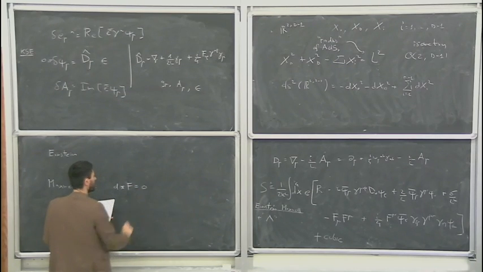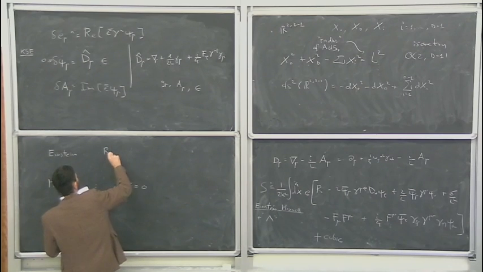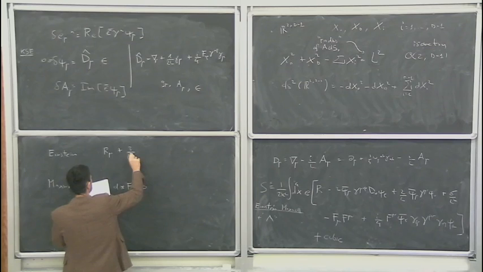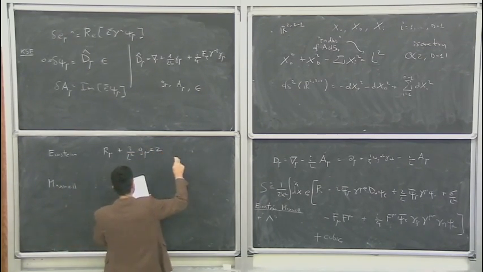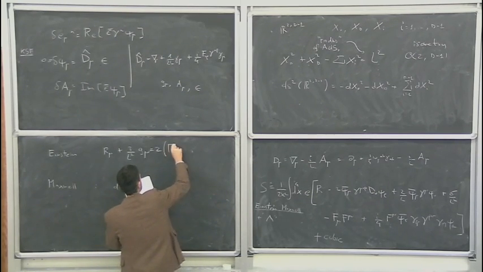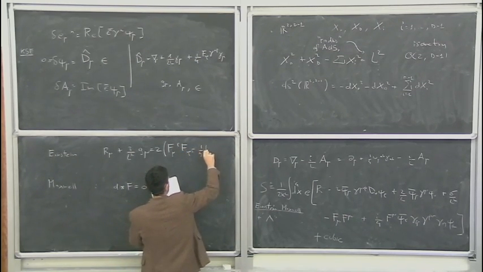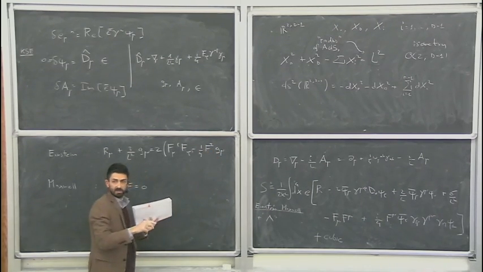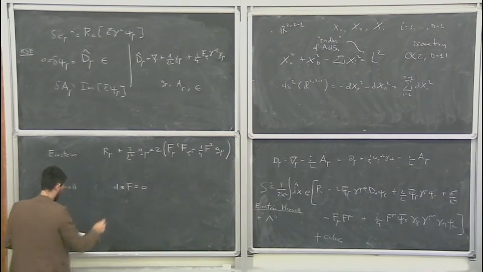Take this form. No complaint. Whereas the Einstein equation takes the usual form, where the energy momentum tensor of the Maxwell field, let me write it explicitly since it's quite short. Okay, so F square means F mu nu contracted with F mu nu, and this you know what it is.